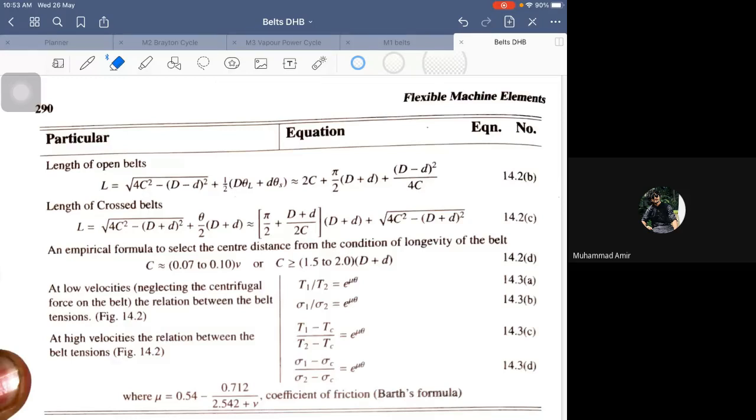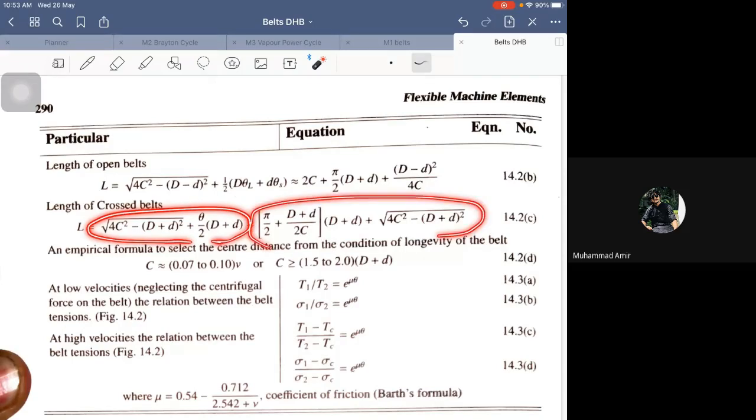Very good. There are two parts to the equation. One is this particular part, which is approximated to this other equation. Which one should I use, the first or the second? The second one, right? Because I have all the data. I don't have the theta value as of now, I did not calculate it. So I'll be using this equation. Let me write it for you.